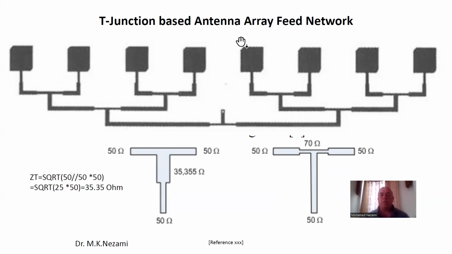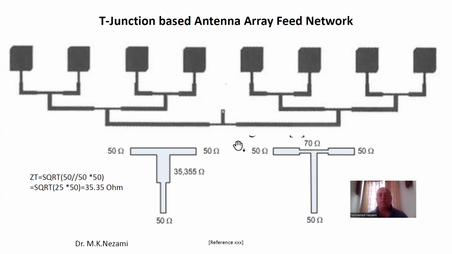And that's what you see in this array in here. You might go in with 50 ohm in here. These are 200 ohm lines on both sides. And then you have transformers, these are 70 ohms on these here. And you get back, this is 50 ohm in here.